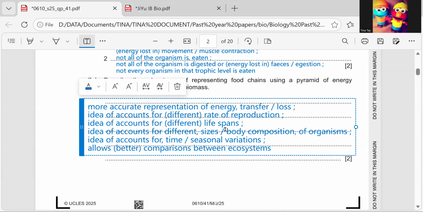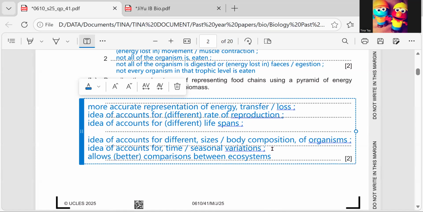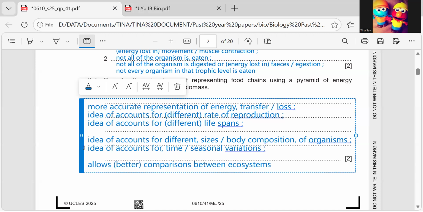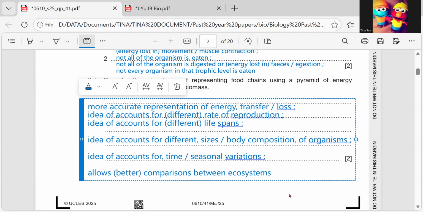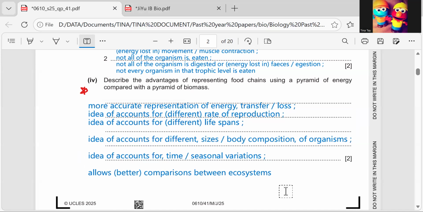A pyramid of energy also takes into account the different lifespans of organisms, the different body sizes, and seasonal variations. That means sometimes this plant is there, sometimes this plant is not there. And it's a better comparison. So you just pick two and then remember those two. Okay, you done? Yeah. You understand?